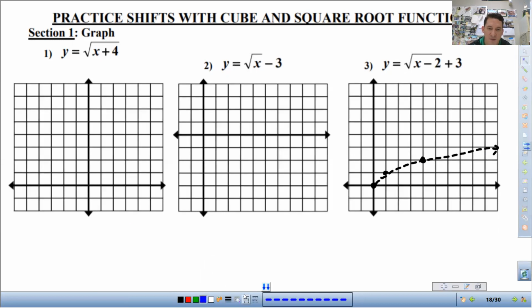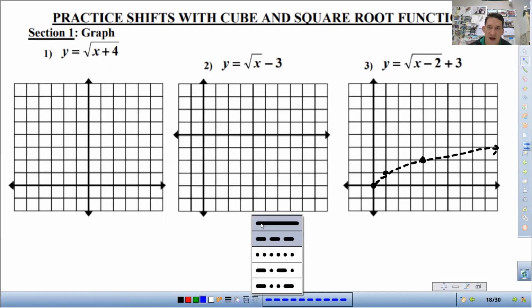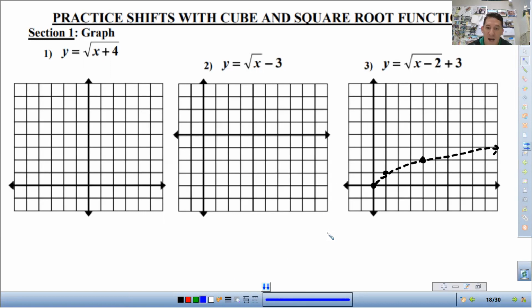So let's do the transformation. And we've been doing this a lot. So the -2 in there, that is a horizontal shift. Remember, the horizontal shifts are opposite of what you'd think. So since it's -2, it goes right 2 and then up 3. So from each point goes right 1, 2, up 1, 2, 3.